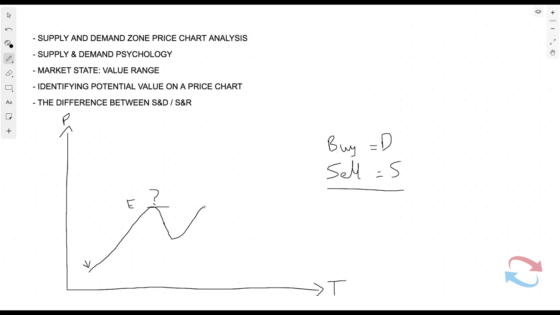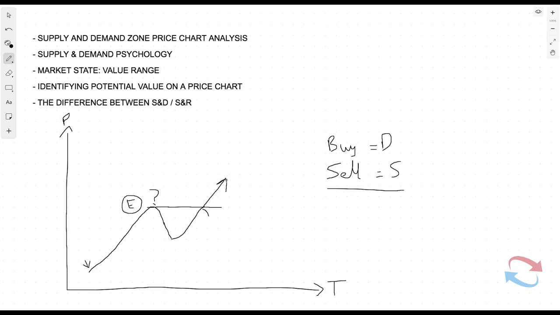Now, traders who are buying, if prices break higher, because we didn't know whether this was an expensive area or not. But if prices break through this level, because we said that if it can't break past that high, then that's the point at which buyers are unwilling to buy, right?